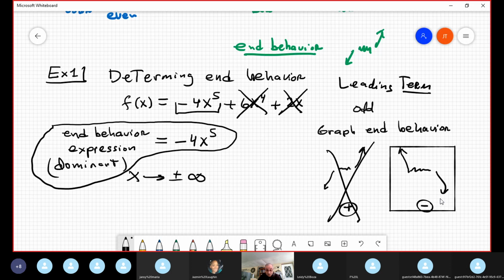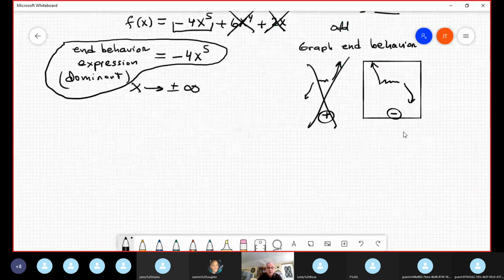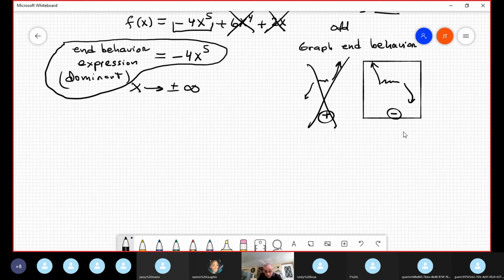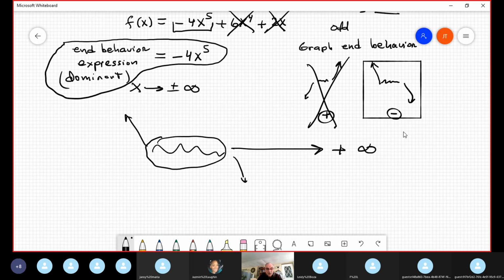Okay, so what is the importance of that part? When you finish the graph of this, using another thing we study after, not today, I can see the graph looks like that. I don't know exactly what happened in the middle, but the end behavior as x approaches positive infinity and negative infinity looks like that. Go down and go up in that direction.